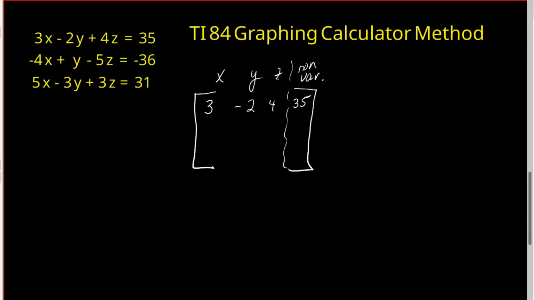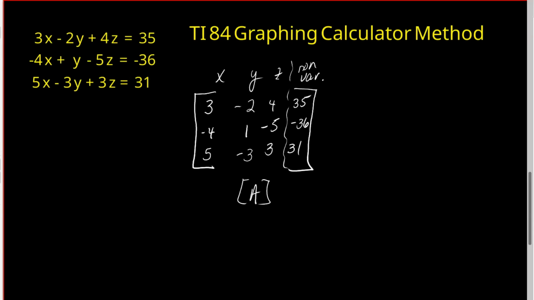In the second equation, I have negative 4 x's, 1 y, minus 5 z's, and negative 36 here. Third equation, I have 5 x's minus 3 y's, 3 z's, and 31. I'm going to call this matrix A.